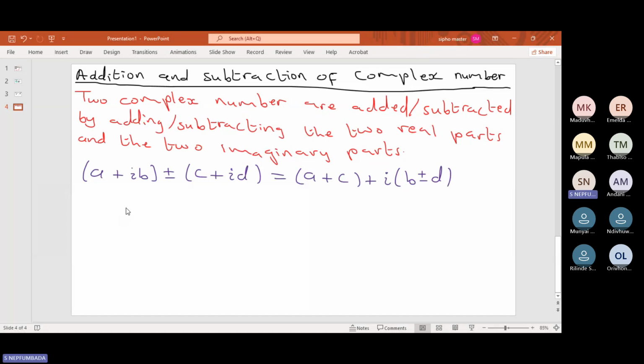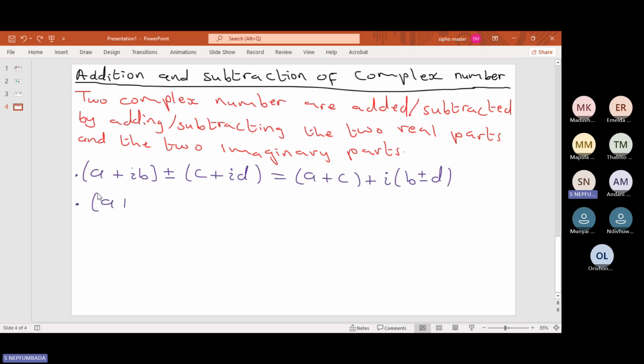Are we good? Okay, in order for you to understand, before we do multiplication, let's start with addition.